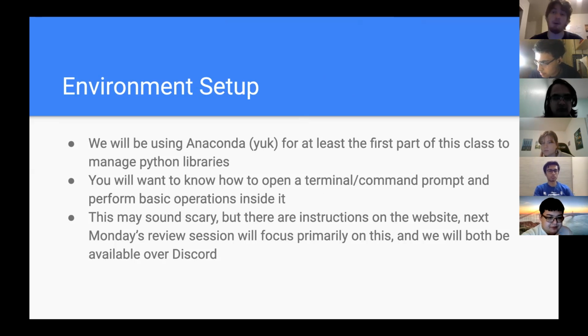In the environment setup, I noted a couple ways you can install Anaconda, if you're comfortable with the command line, that are a little bit less heavy than the default installation. The other thing is you'll probably want to know how to open a terminal or a command prompt and perform basic operations inside, like listing files in a directory and moving between directories.